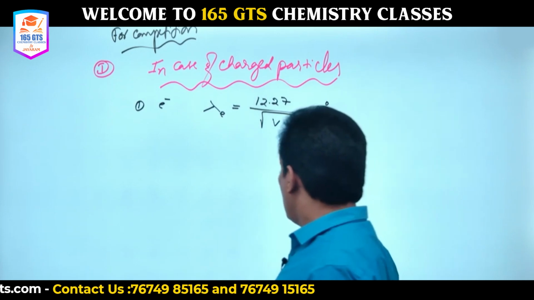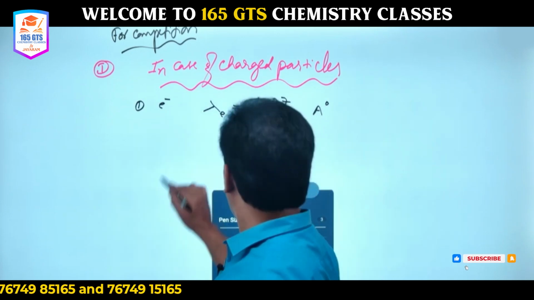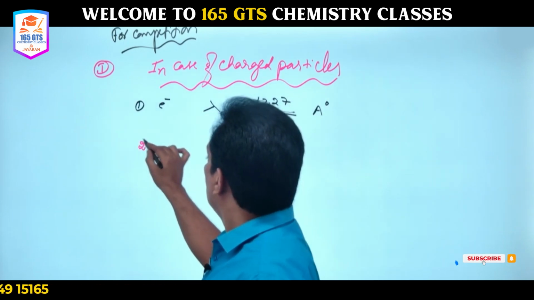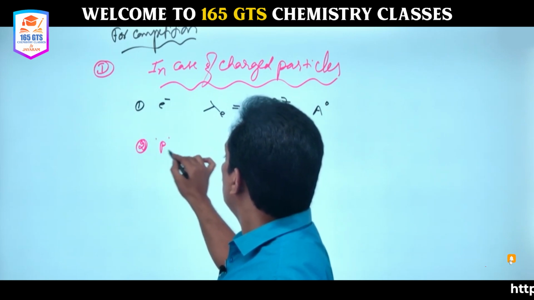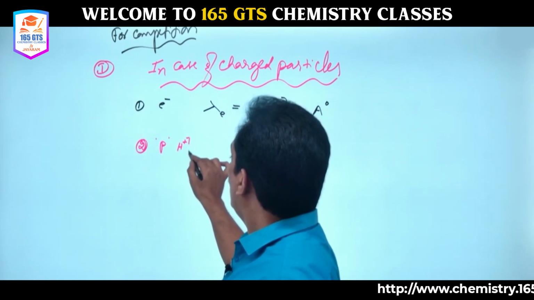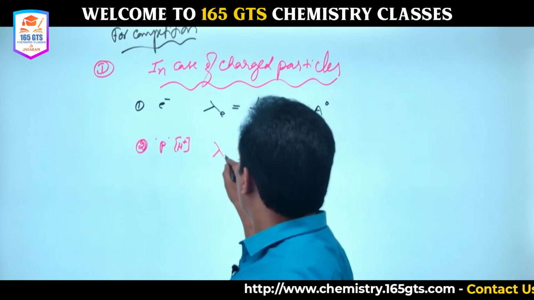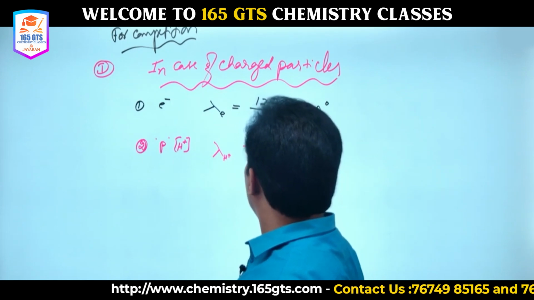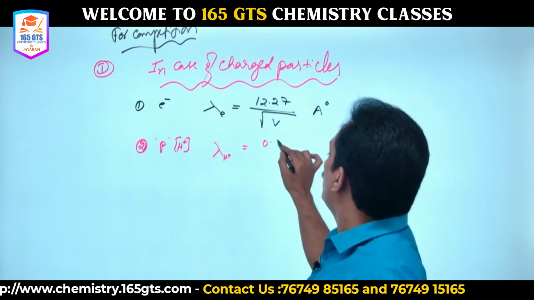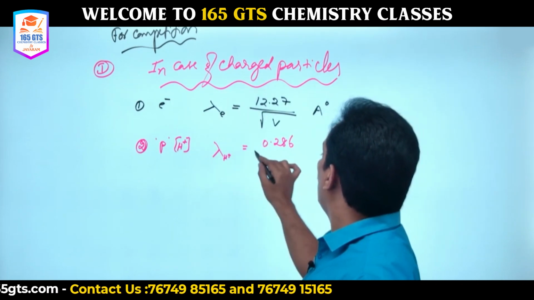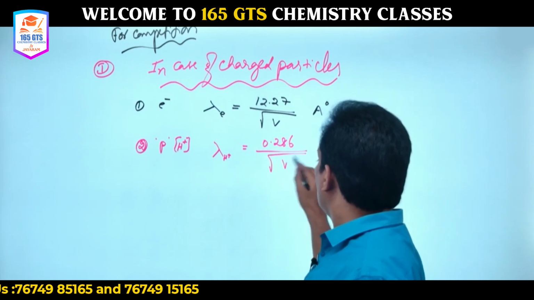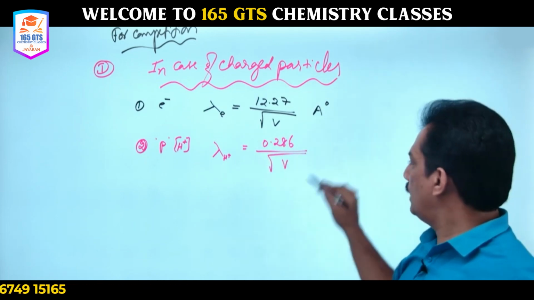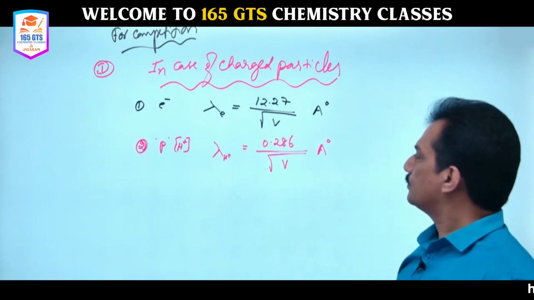And the second one is proton. Proton is H plus. For this H plus, lambda of proton is equal to 0.286 by under root V angstrom, again with V the potential.